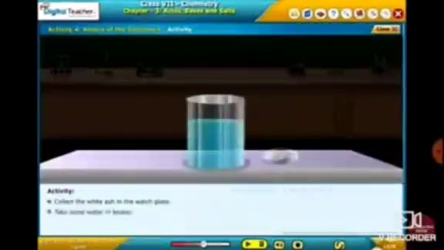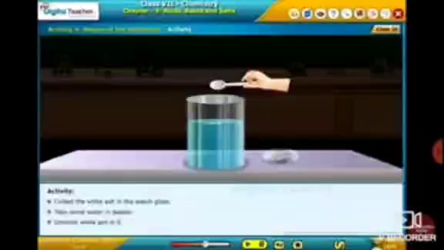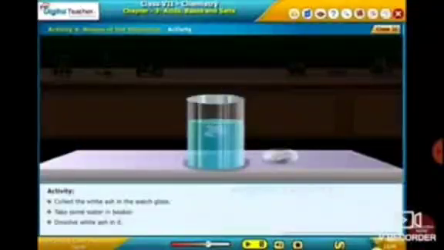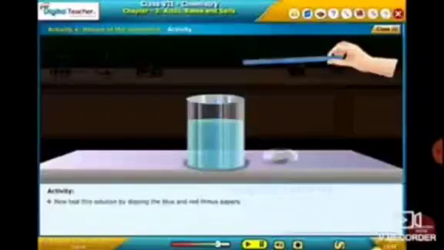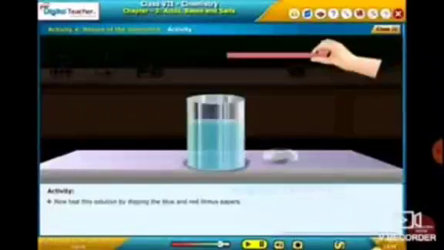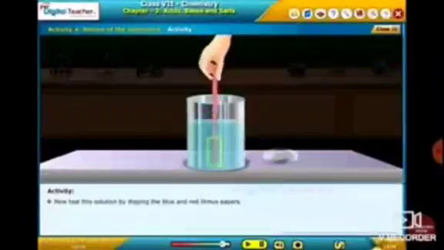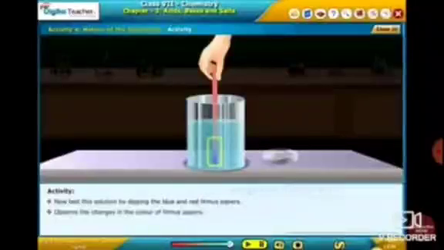Take some water in a beaker. Dissolve the white ash in it. Now, test this solution by dropping the blue and red litmus papers. Observe the changes in the color of litmus papers.